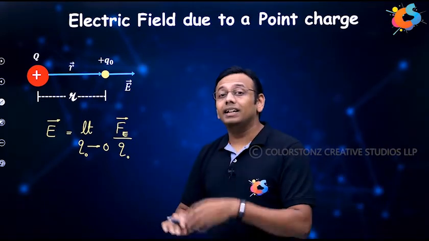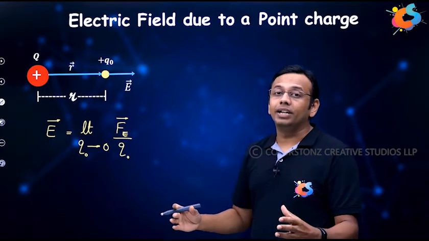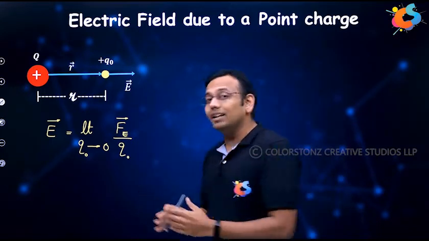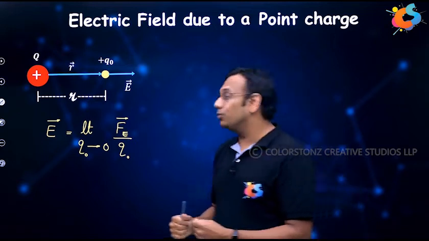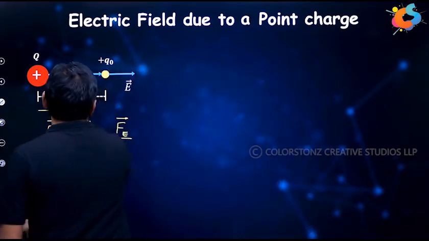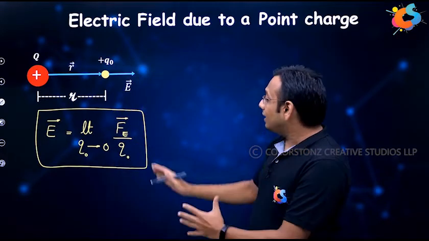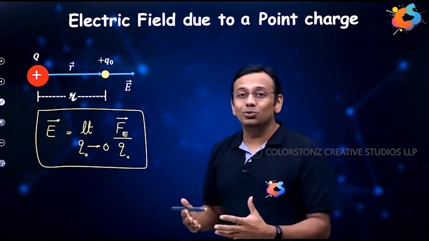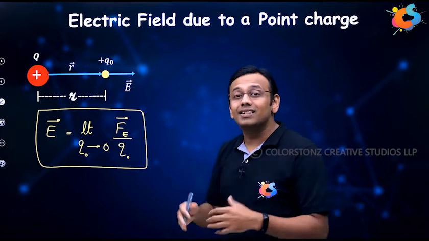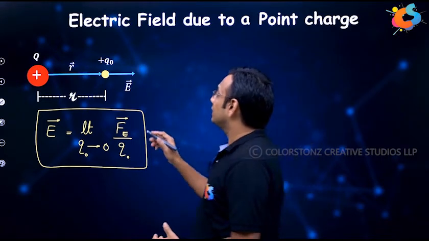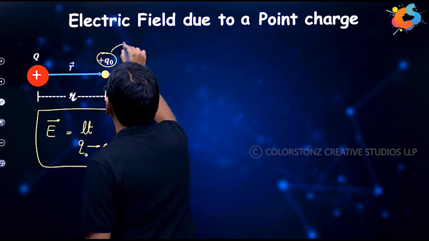We said that the electric field at any point is the electrostatic force acting per unit charge on a test particle. So this is the definition that we are using. And this part, limit Q naught tending to 0, just tells us that this is a test particle. Remember, this is a test charge.